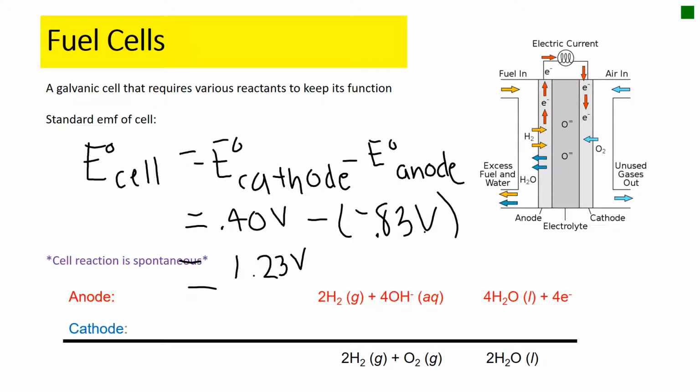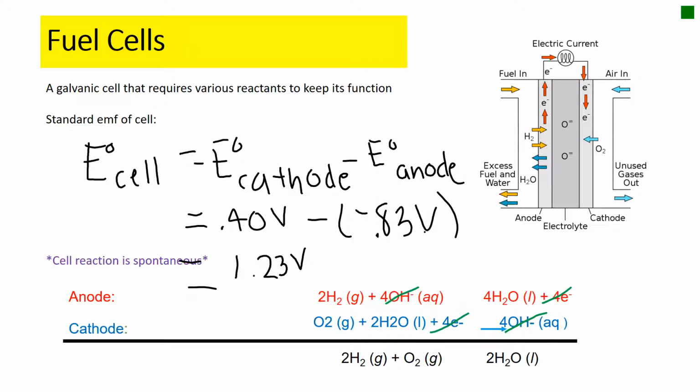Now you have your anode and your cathode, and you're going to do the same process of elimination as we've done before. Your 4 electrons are going to cancel each other out. Your hydroxides are going to cancel each other out.